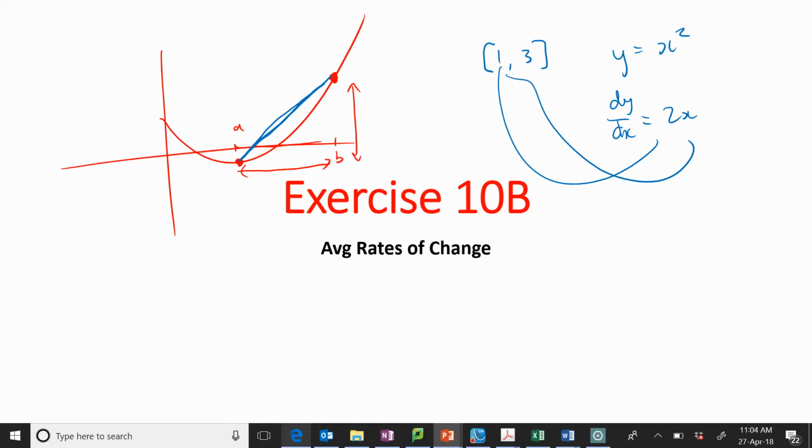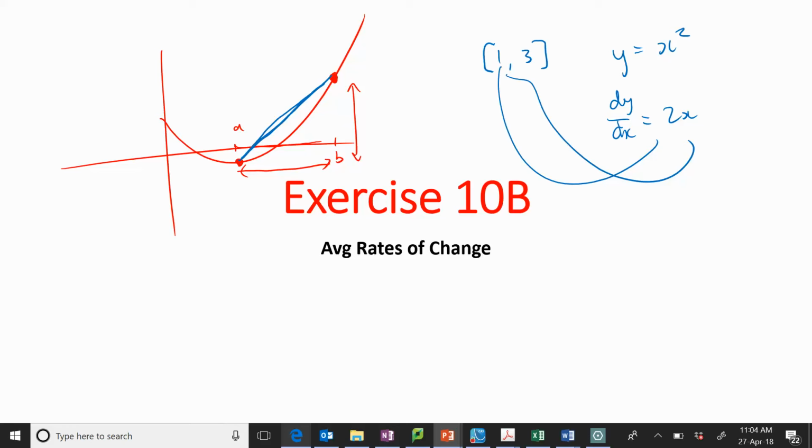So what they're actually doing there is finding the gradient when x equals 1 and the gradient when x equals 3, and finding the average of that. That's different because you're not finding the gradient of your possible values in between. So it's y2 minus y1 over x2 minus x1.